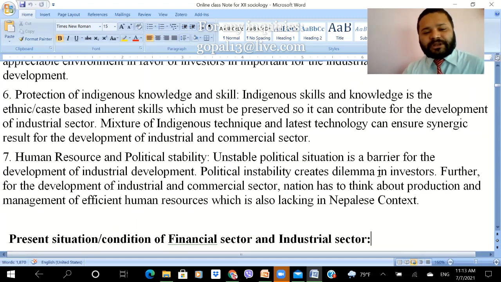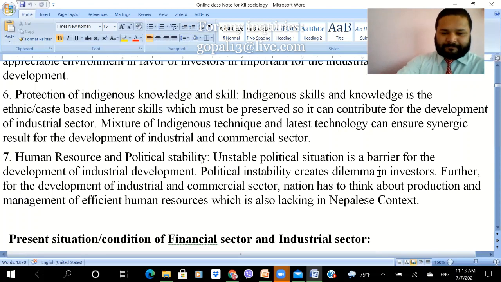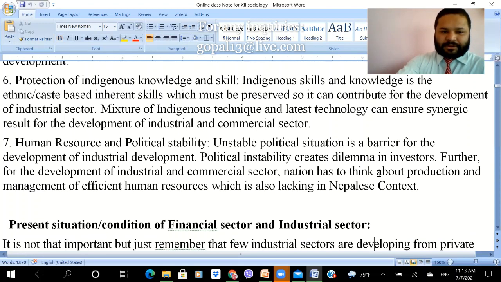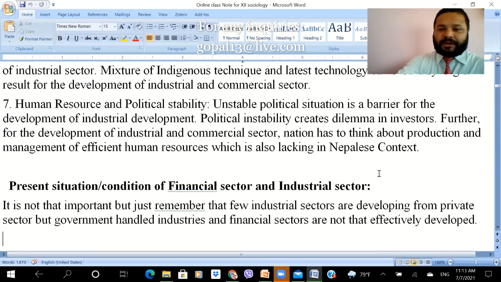Human resource and political stability are also really important. Without political stability, none of the people would be ready to invest in any sector. Then the commercial aspect of the society does not flourish properly. Human resource is also really important.